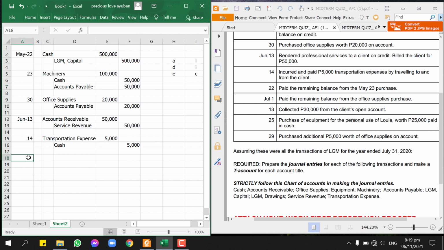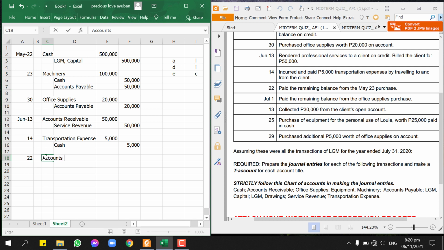Next transaction, we have July 22, paid the remaining balance from the May 23 purchase. So, ito yung tinutukoy niya. So, yung balance natin dito, babayaran na natin. So, yung accounts payable, again, kapag binayaran natin yung utang natin, magdi-decrease yung utang. So, para mag-decrease yung utang, dapat i-debit natin siya.